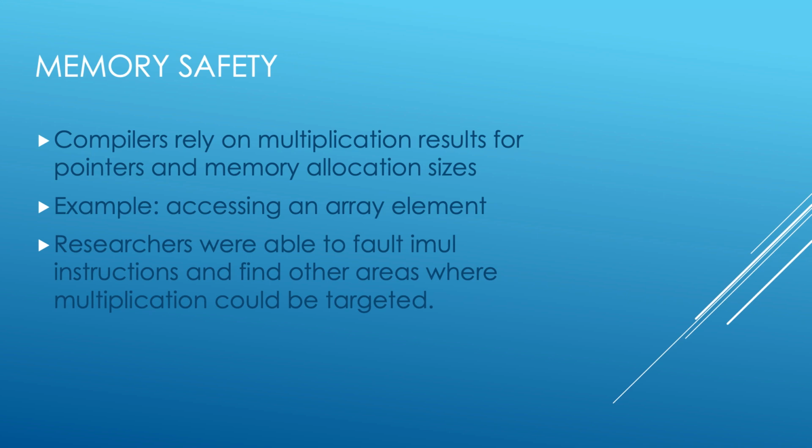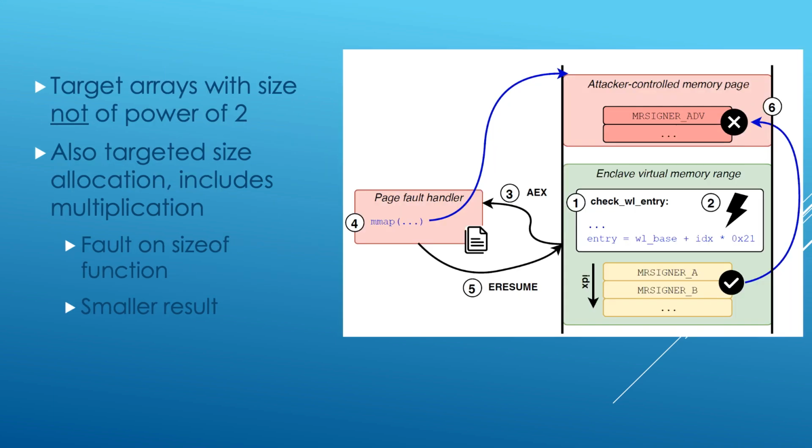Other memory-related things were faulting the IMUL instructions and finding other areas where multiplication could be targeted. They were also able to attack different types of arrays. Another example was this figure where they show that they can affect a launch enclave, where erroneous multiplication bit flips allowed memory to be redirected.